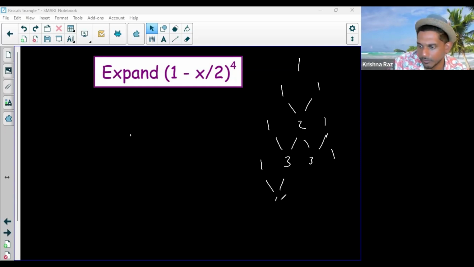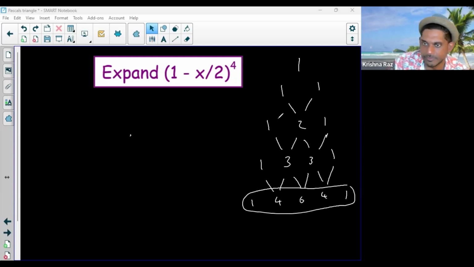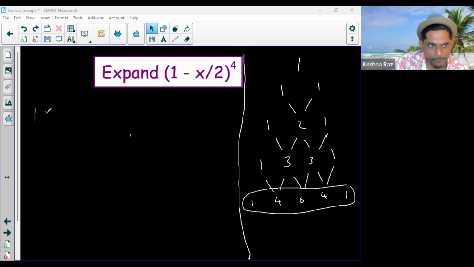And then we want x to the power 4, which will be this one. So we want those values. So that means we have 1. The reason 1's on its own is because we have x to the naught. I wasn't very clear about that earlier, so let me put that in.